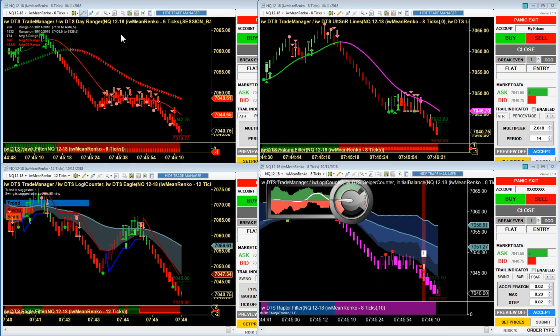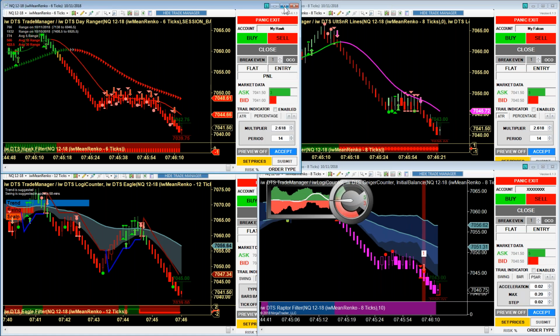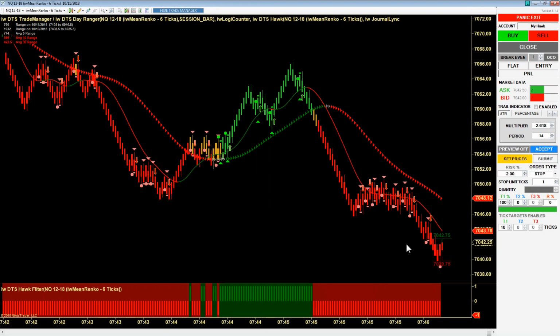Oh yeah, Mark says the Hawk had a 4-arrow consolidation. Yeah, 4 arrows and then some, but decent follow through all the same.